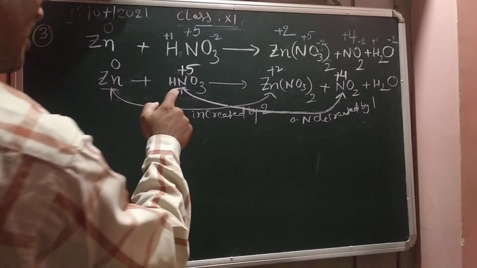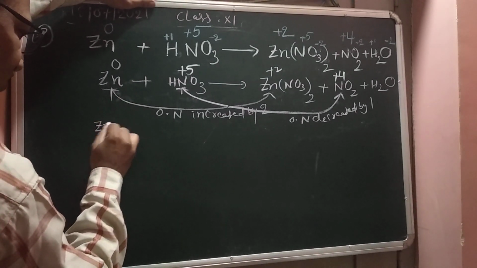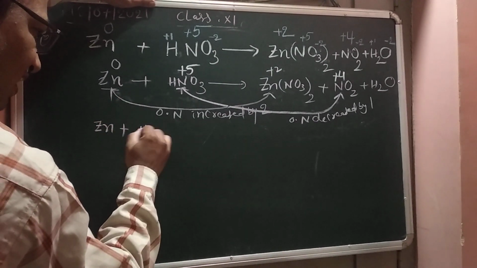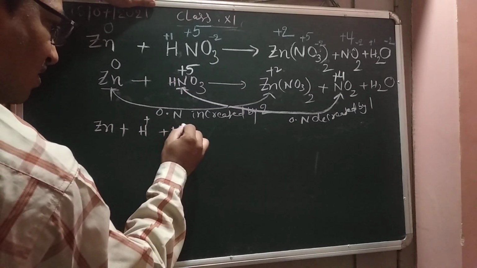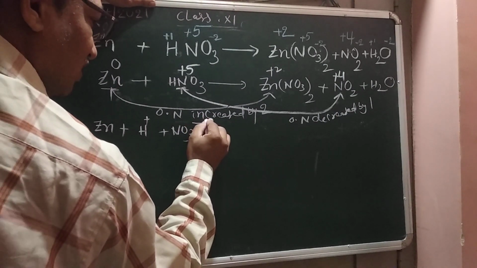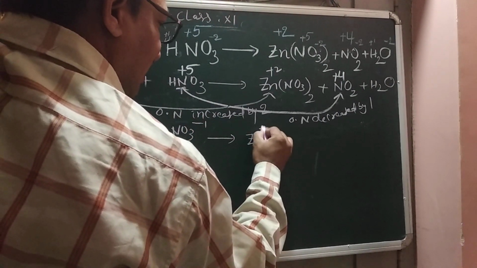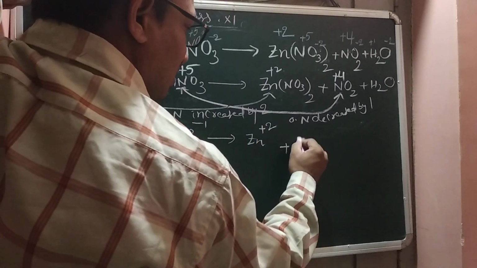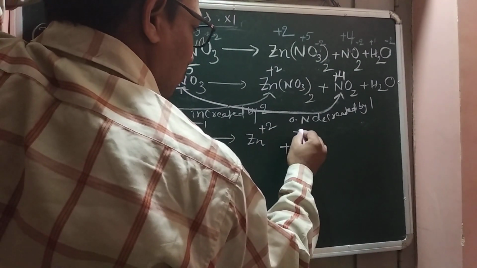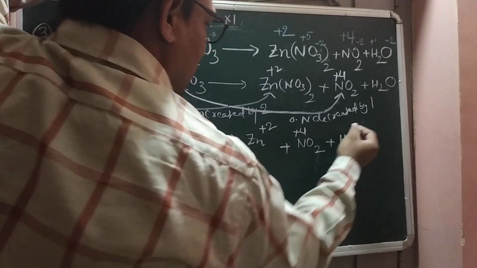Now I will write the same equation in the ionic form. Zn plus H+ plus NO3- gives Zn2+ plus NO2 plus H2O.